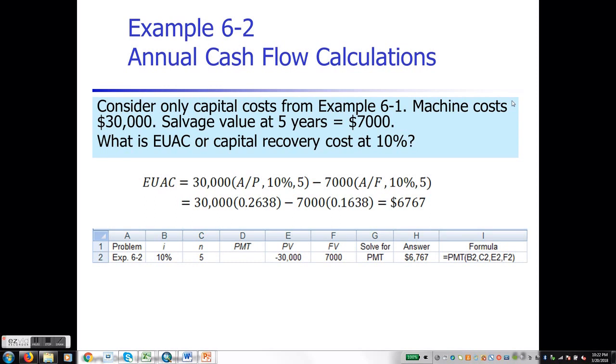Right now, you asked your question before. We used to see equivalent uniform annual worth, if you remember from the past slide.